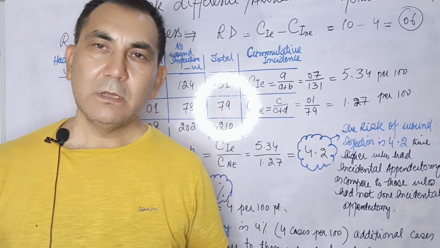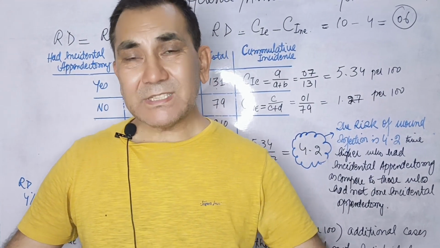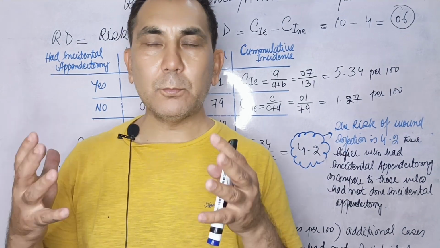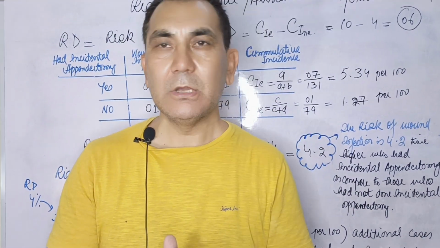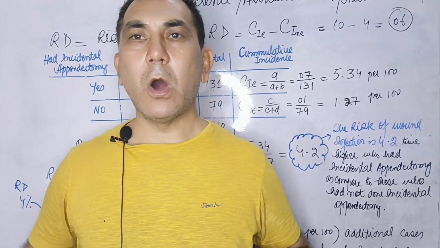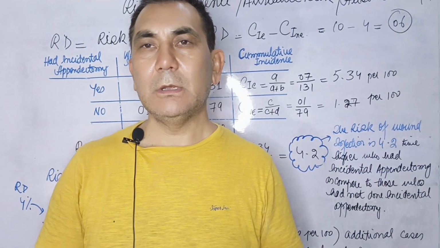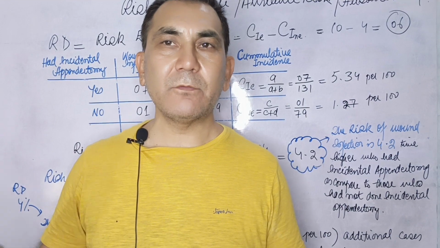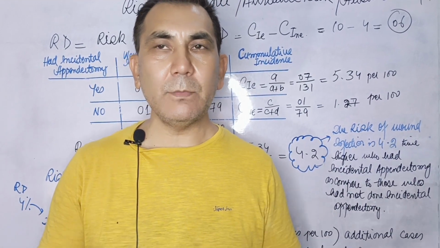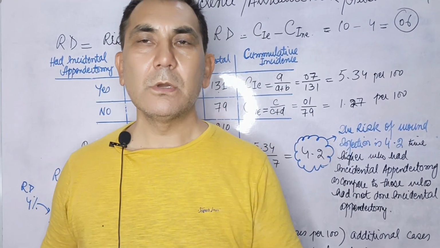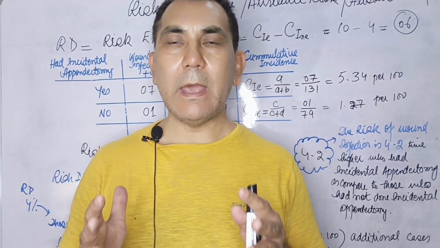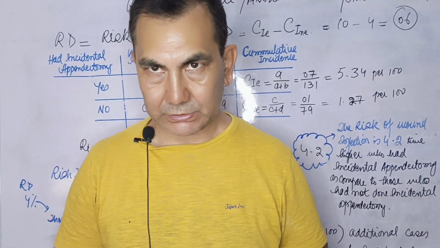It means the risk excess which is present in the exposed group is 4%. 4% are the additional cases who got the wound infection in the exposed group, who were exposed to the incidental appendectomy, as compared to those who were not exposed to the incidental appendectomy surgical procedures.